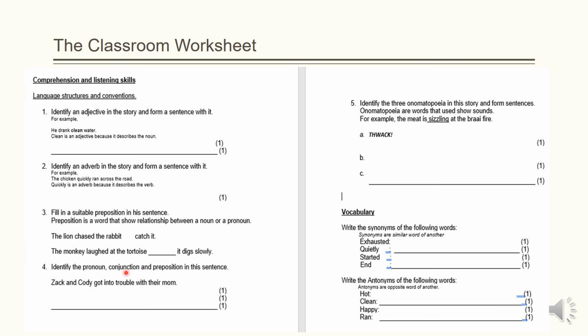Identify the pronoun, conjunction, and preposition in the sentence. Okay, you got this. Like, what is into, what is day, what is for, what is into? Identify those. Identify, in the story, words that are used to show sounds.